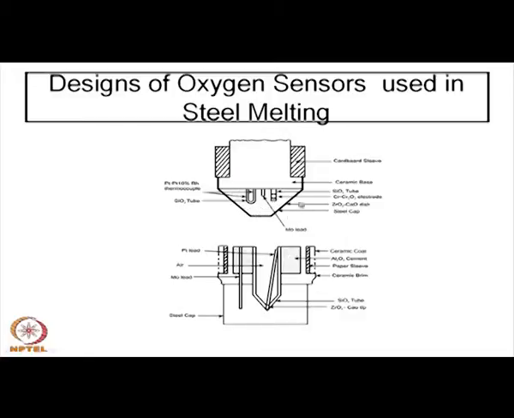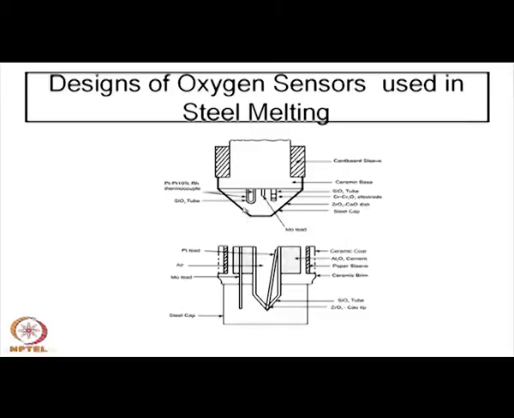Of course, there is a shroud to start with. This is a steel shroud. It is actually immersed in the liquid steel at a temperature of about 1600 degrees centigrade, and at that temperature this cover melts, and molten steel comes in contact with this surface.